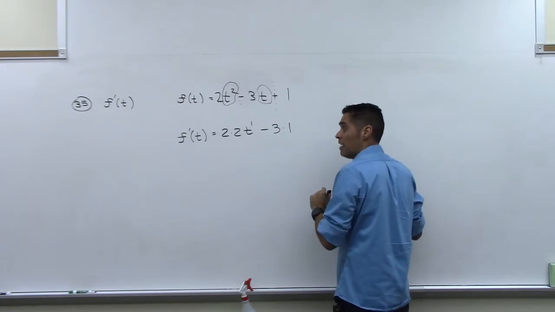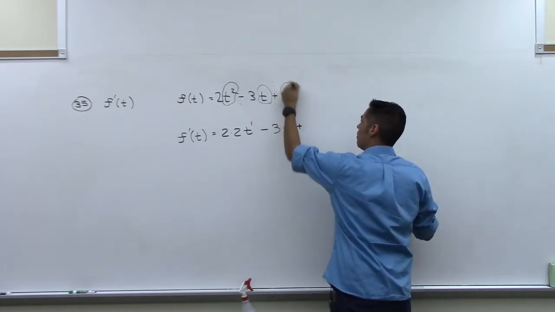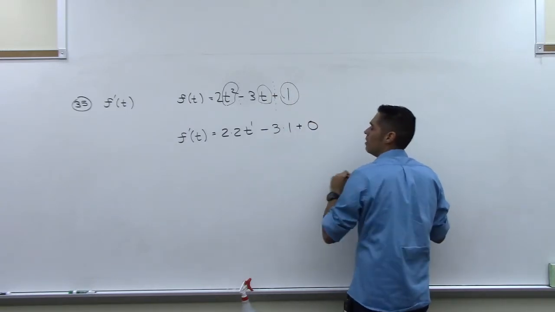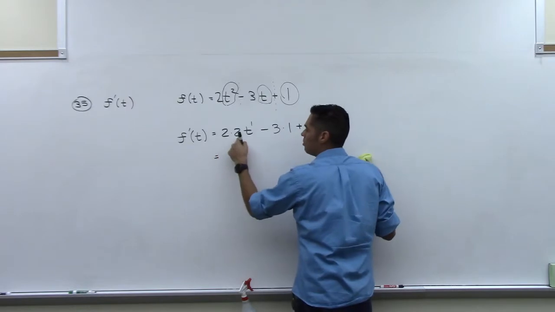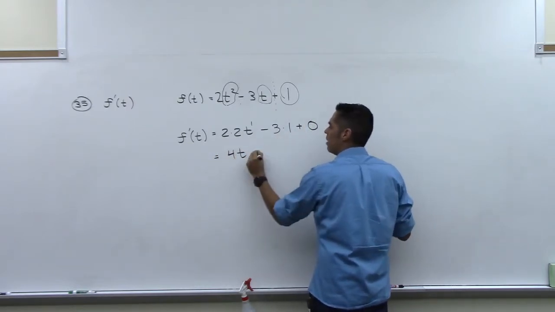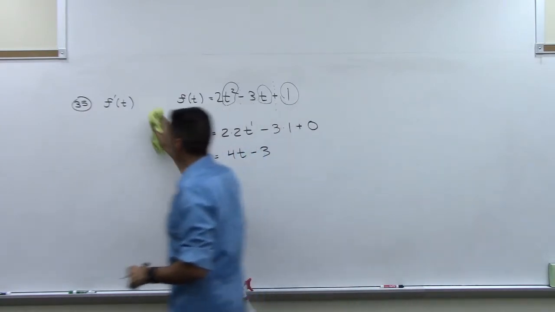That's like the derivative of x is 1. And then plus, and the derivative of a constant is 0. So all you're left with here is 2 times 2, which is 4, then times t, so 4t, and then minus 3 plus 0. So it's just 4t minus 3.